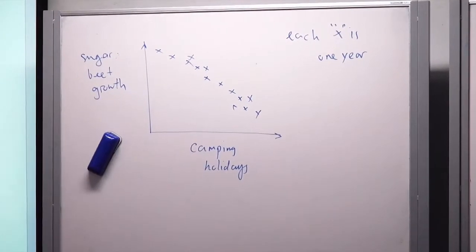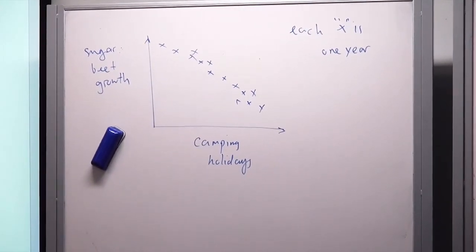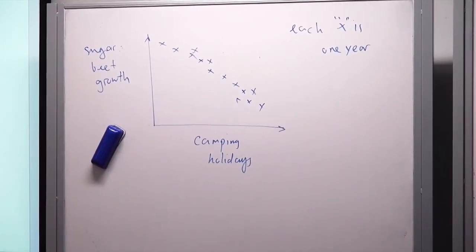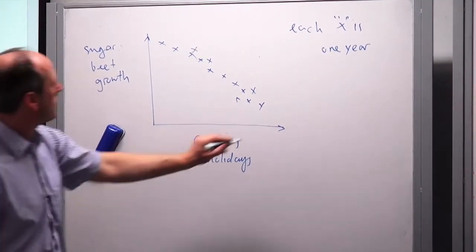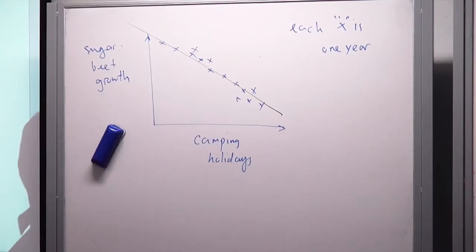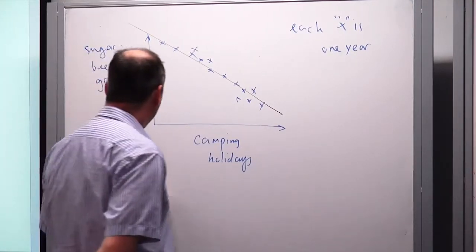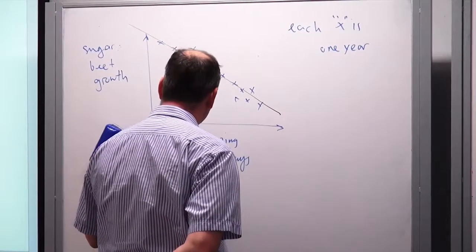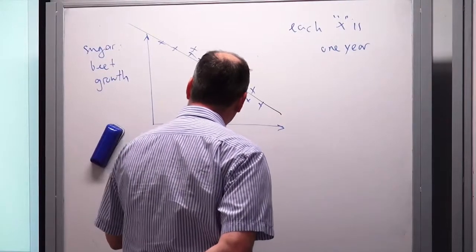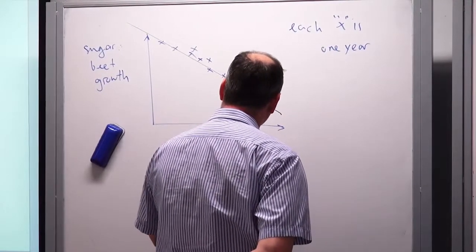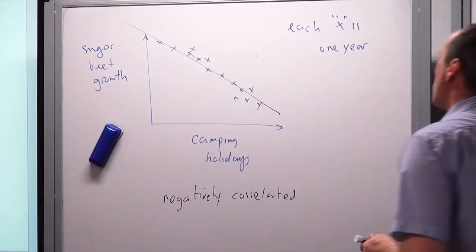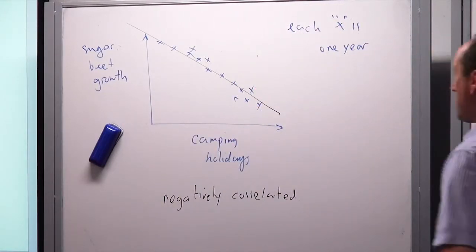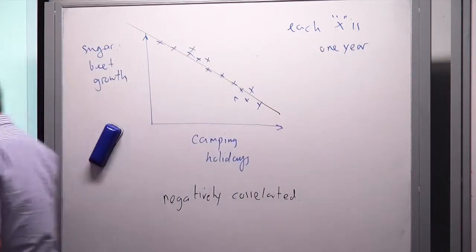So what you've got along the horizontal axis is number of camping holidays in a given year, and the vertical axis is sugar beet growth. And of course you can draw a straight line through it. Negatively correlated. I'll cover exactly what correlation means, but later. This is just what happens. This is an observable fact.